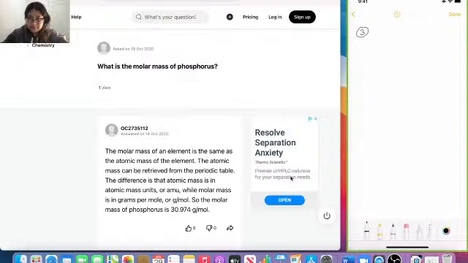And yeah, you get this from your periodic table, and this is correct. So our next question says, what is the molar mass of phosphorus? So phosphorus, this is P, and phosphorus is a non-metal.